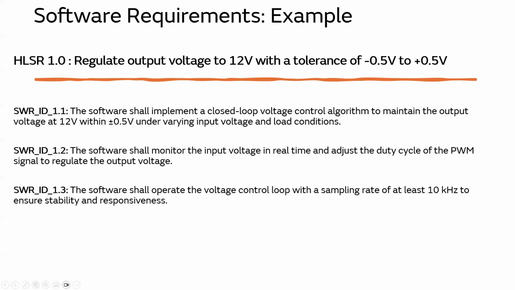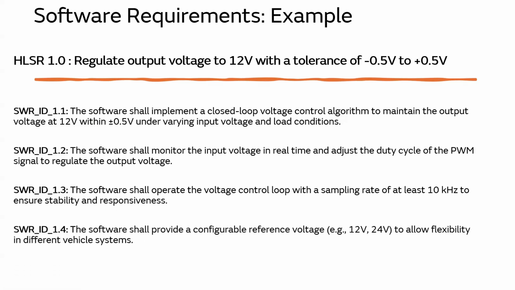I may need another requirement, which is talking about the frequency at which this converter needs to operate. Yeah, so the software shall operate the voltage control loop with a sample rate of 10 kilohertz to ensure stability and responsiveness. So you see the requirement is to regulate, which is one requirement, but it turns into multiple software requirements.